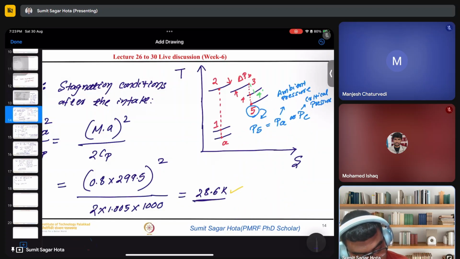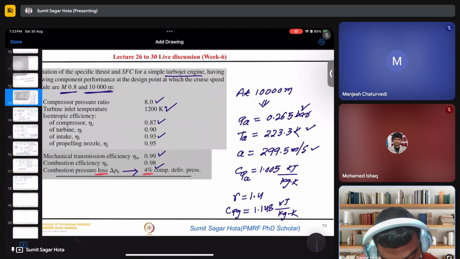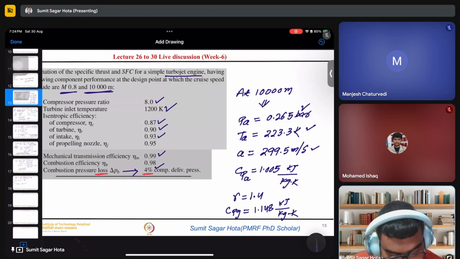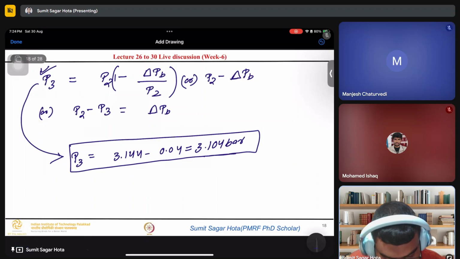Because 3 to 4 is operating inside the turbine, but instead of 100% efficiency, the turbine efficiency is also not 100%. They are telling us the turbine efficiency is only 90%, so we have to consider this 90% turbine efficiency.